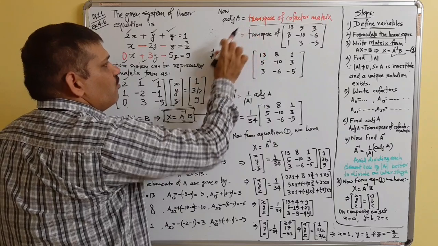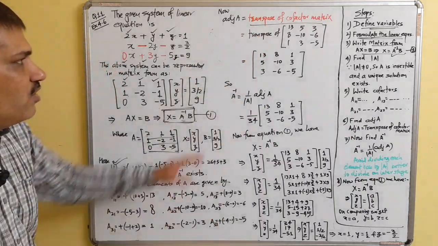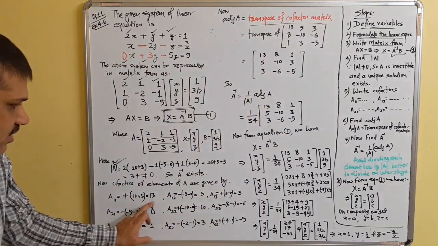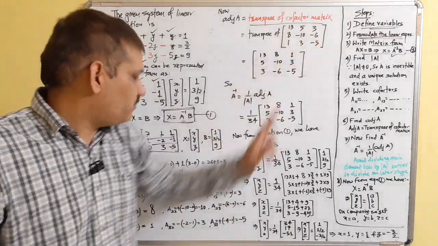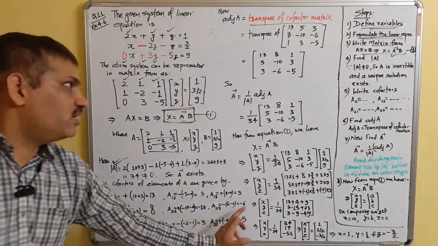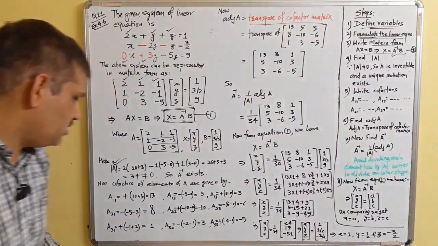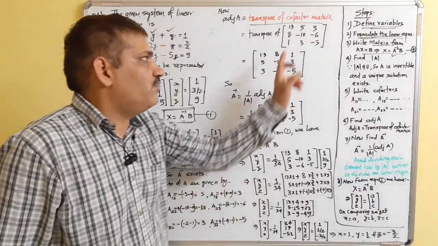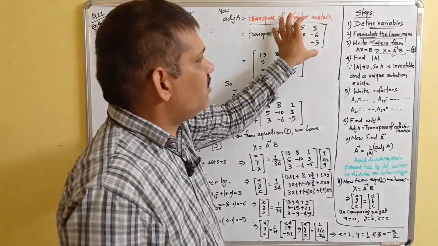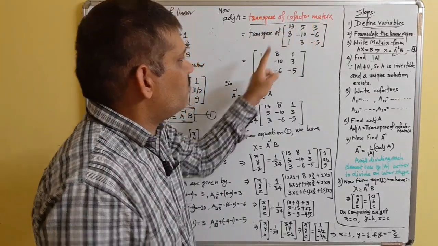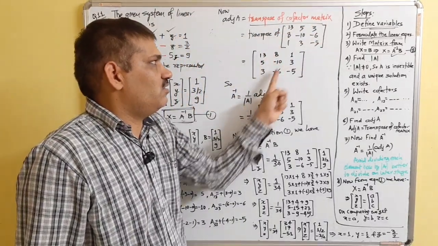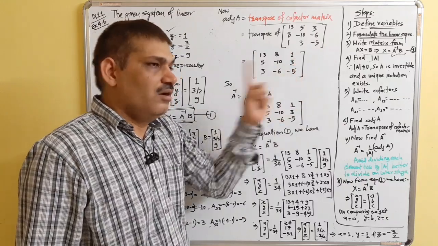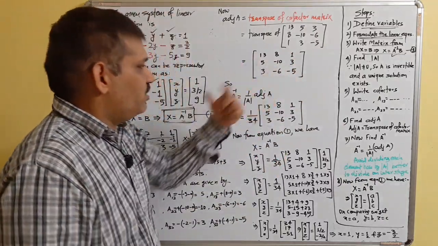The cofactors are here: 13, 5, 3; 8, minus 10, minus 6; 1, 3, minus 5. Now we take the transpose. The first row becomes the first column, the second row becomes the second column, and the third row becomes the third column. So this is adjoint A.